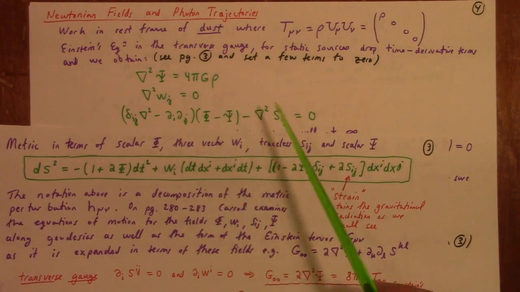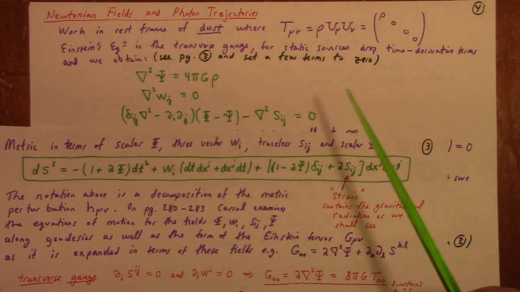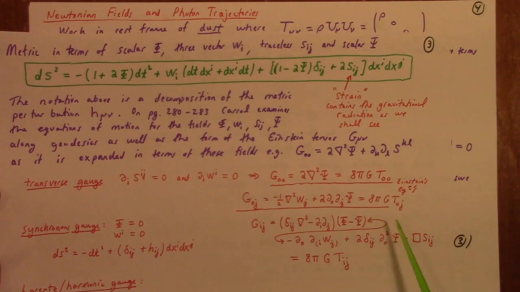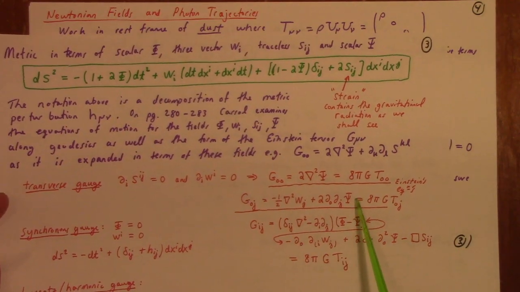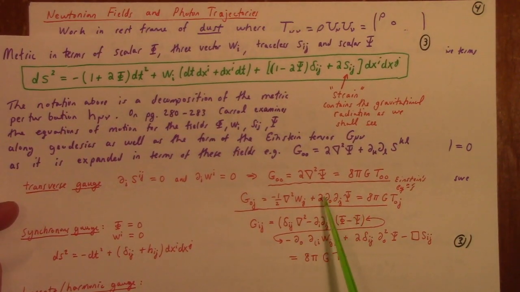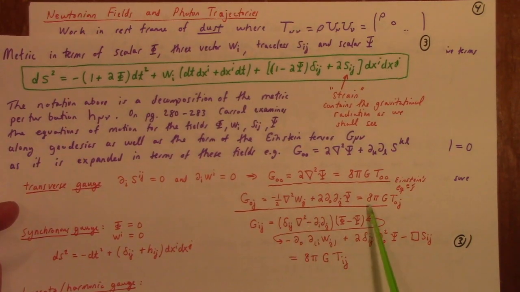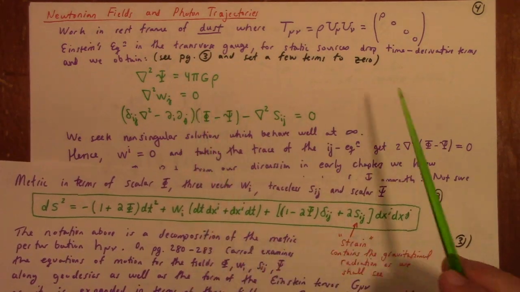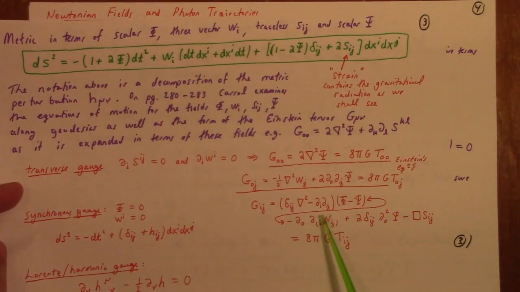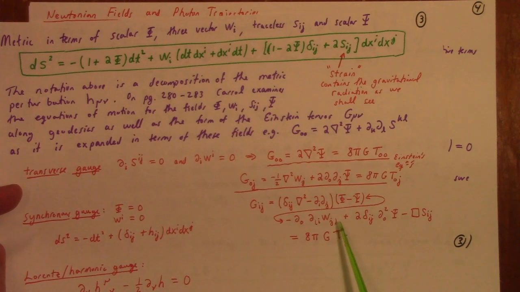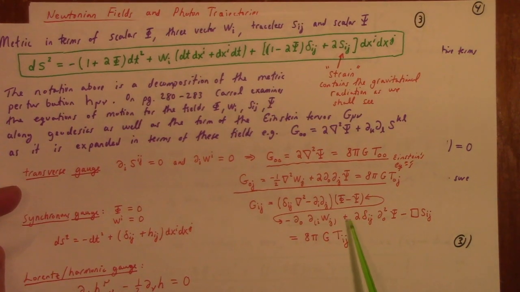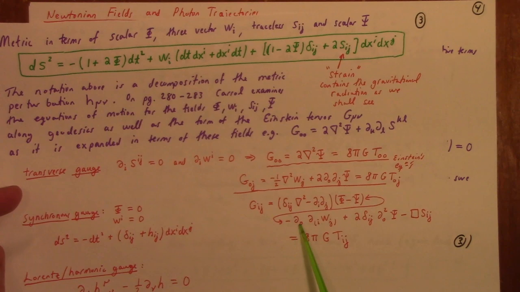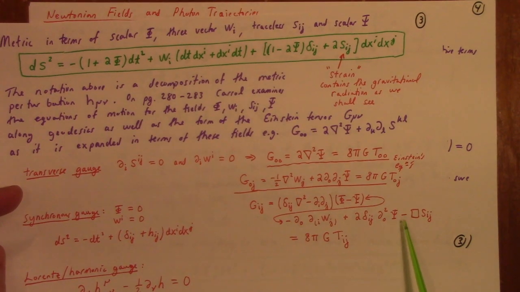Nabla squared w_j equal to 0. Let's see if we can see that one. That one's coming from this one here, so it's static sources, so that's 0. And so you get minus 1/2, and then T0j is 0, so this gives us nabla squared w_j equal to 0. And then down here, this is 0 because it's got a time derivative, so it's gone.